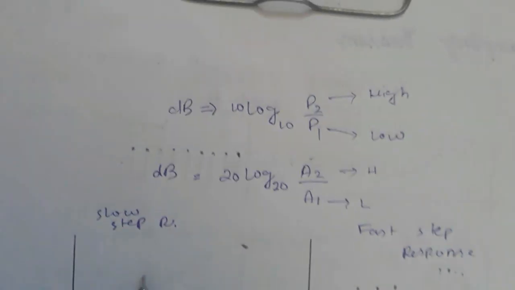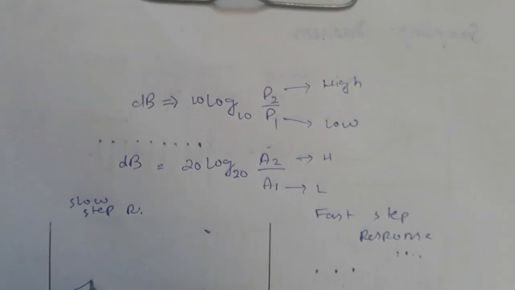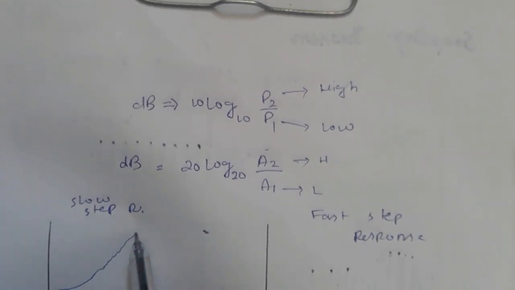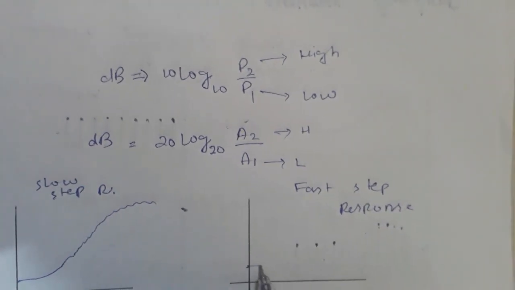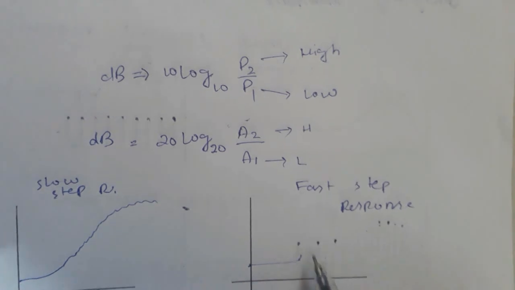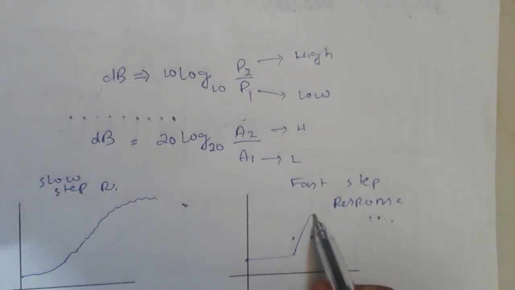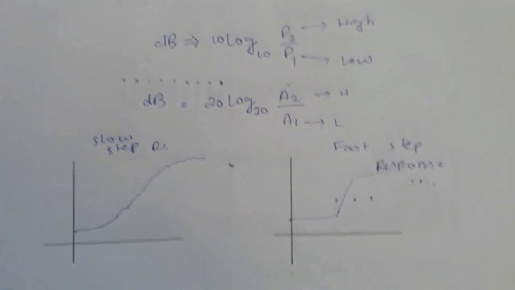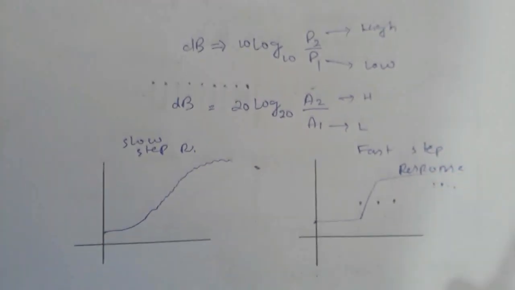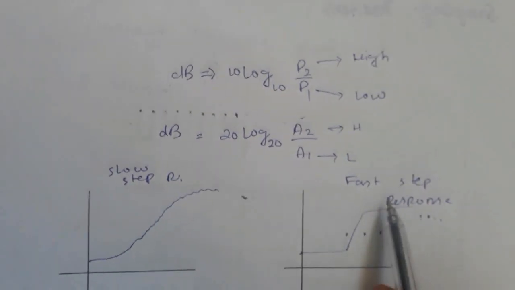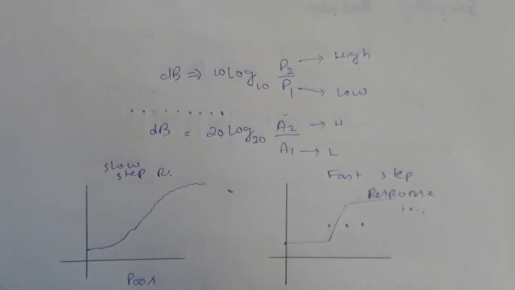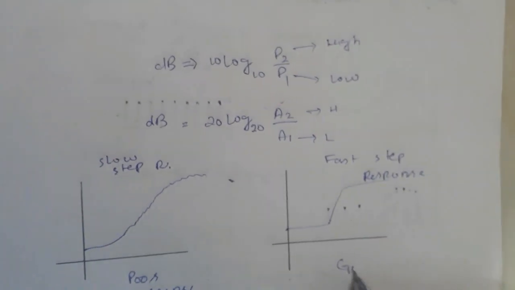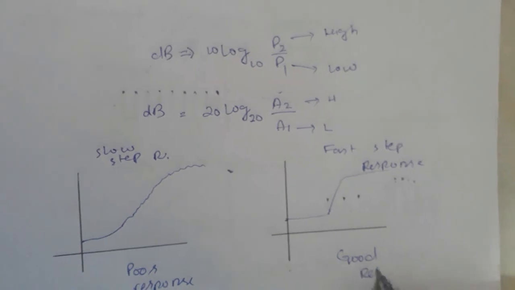In slow response, it rises slowly, while in fast response it rises suddenly and then remains constant. So this is the difference between slow step response and fast step response. This is the poor response, while this one is the good response.